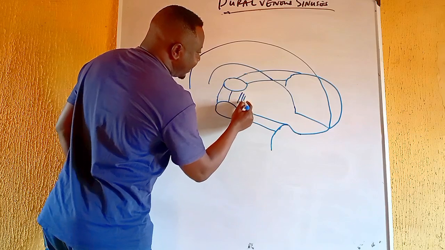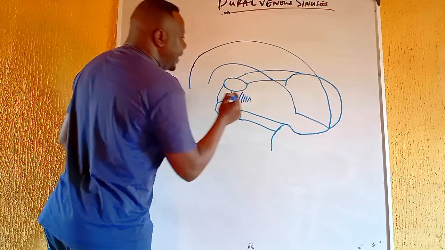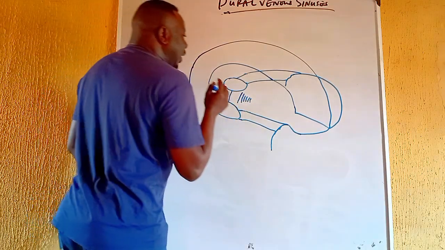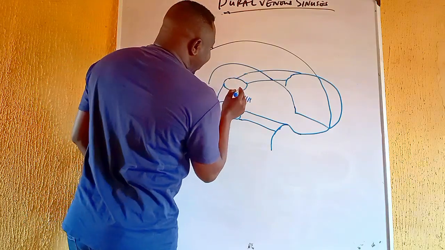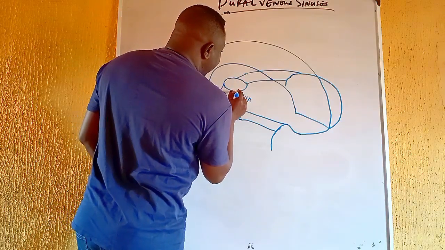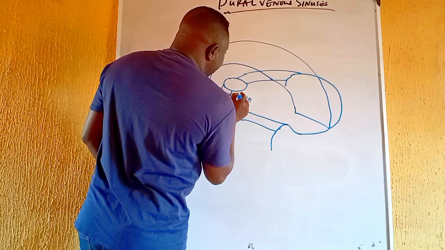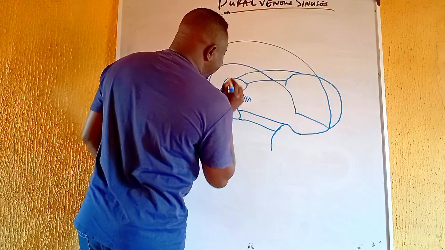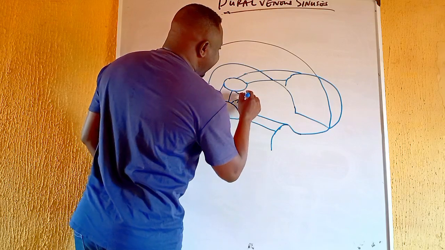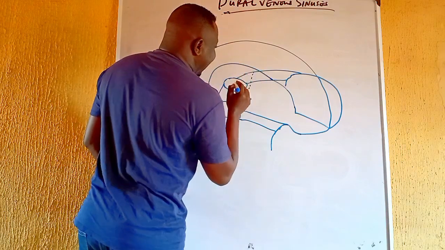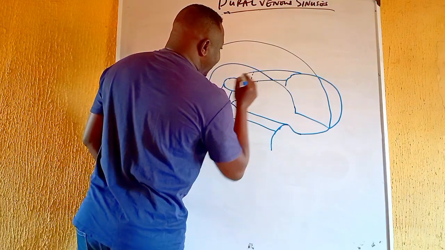The basilar plexus actually connects adjacent structures. It connects the cavernous sinus and also has connections with the superior petrosal sinus and the inferior petrosal sinus.